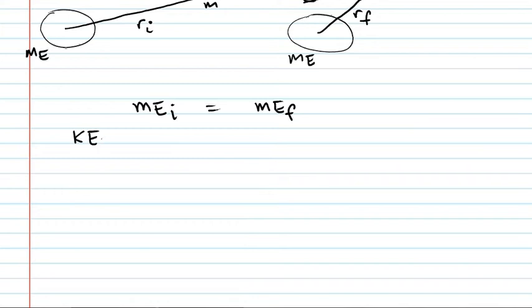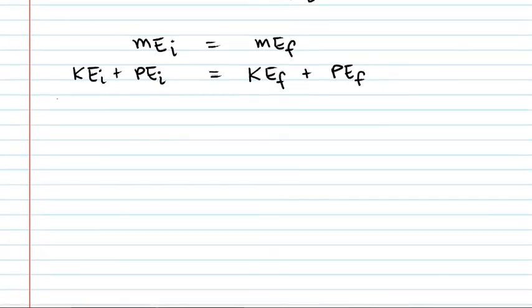So there's going to be that kinetic energy initial and that kinetic energy final, plus the gravitational potential energy of the object. I know it's gravitational, so I'm not going to write the subscript g, but the initial gravitational potential energy of the object, plus over here the final gravitational potential energy of the object. And then we can just fill in the kinetic energy, 1/2 mv squared. So here's 1/2 m v initial squared.